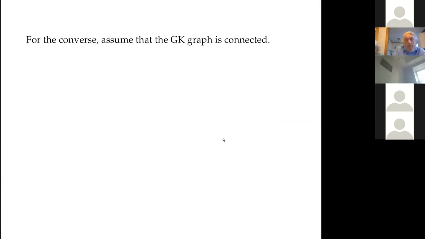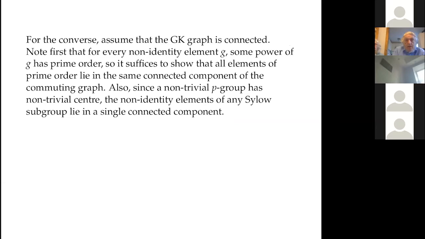The other way around, let's assume that the Gruenberg-Kegel graph is connected, and we've got to go back to this huge commuting graph. So let's first observe that if you take an element which is not the identity, some power of it has prime order, so that means it commutes with it. So if I could show that all the elements of prime order lie in the same connected component of the commuting graph, I'd be done.